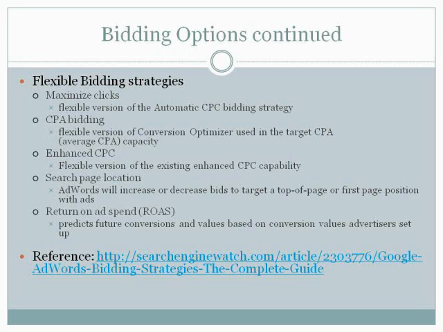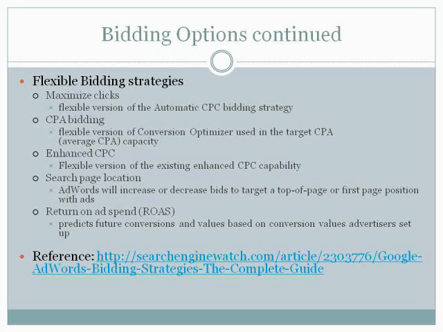So there is a strategy to maximize the clicks. That's just a more flexible version of the automatic CPC bidding strategy. And then there's a flexible version as well of the conversion optimizer. And then there's also a flexible version of the enhanced cost per click.